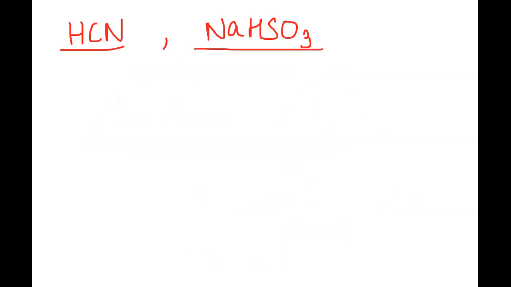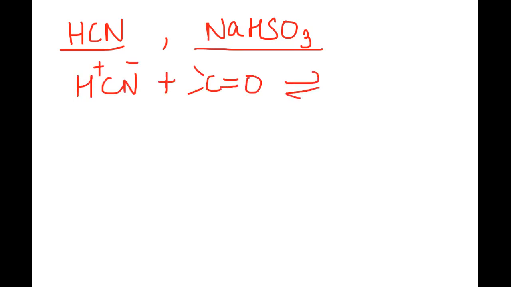Actually, if you see in the case of HCN, hydrogen cyanide is H positive and CN negative. So when this adds to a carbonyl group, that is C double bond O, the H plus is going to go with the oxygen.